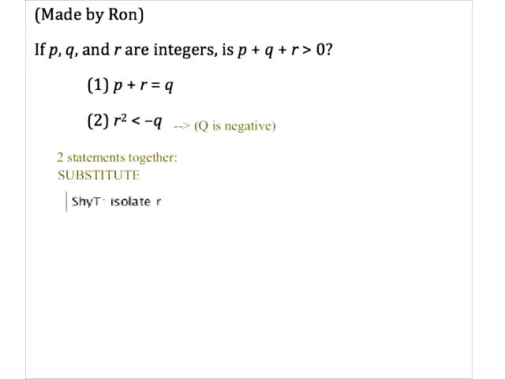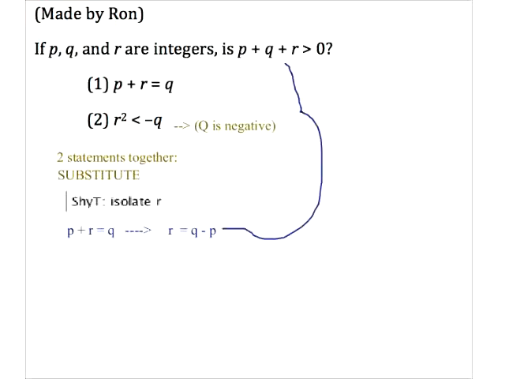So that's an approach. So let's try isolating R and see what happens. If you isolate R from statement 1, P plus R equals Q, which means that R is Q minus P. So then what we can do is we can take that and plug it back into the question, remembering to keep it as a question.